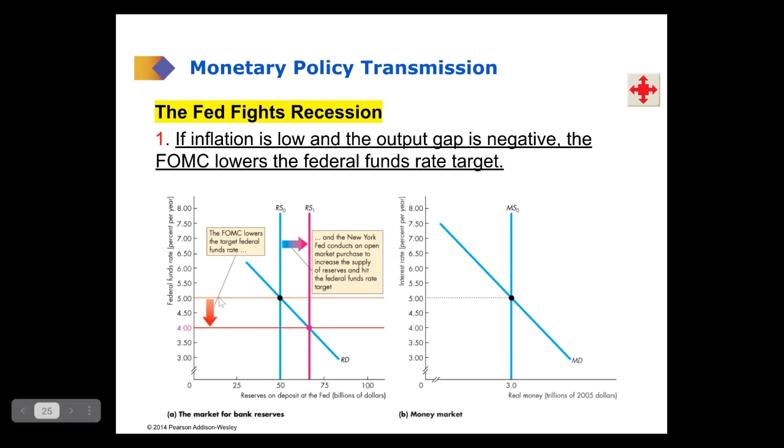So they might lower it from 5 to 4, and then they conduct open market operations to purchase securities from member banks, putting more reserves on their books. So the quantity of reserves increases.